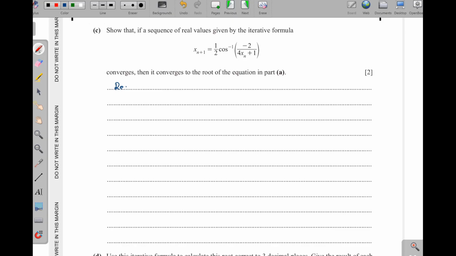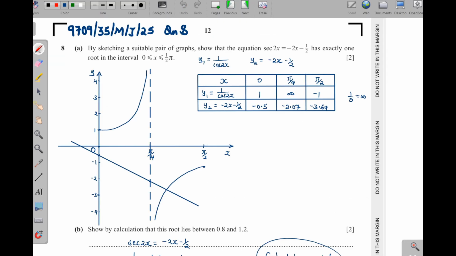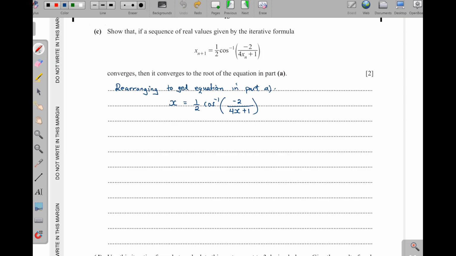Now, rearranging to get the equation in part A. Just drop these ends, and you remain with x, which is equal to a half, then the arc cos of negative 2 over 4x plus 1. It is better to rearrange this way, because that is when you can get the other one straight away. But if you begin from part A, you're going to get problems. Sometimes it becomes a little bit challenging to manipulate, so always manipulate the one given.